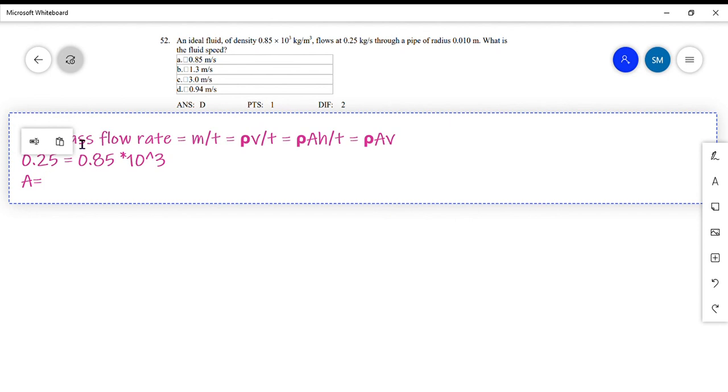The area is equal to pi r square, so 3.14, which is pi, times 0.5, which is 0.01 the radius.